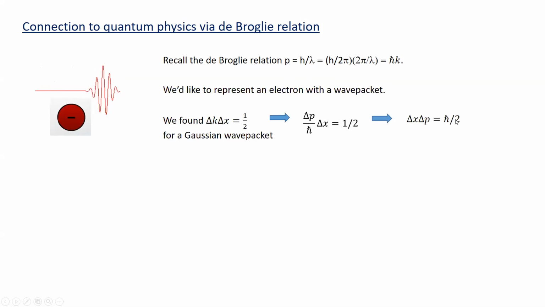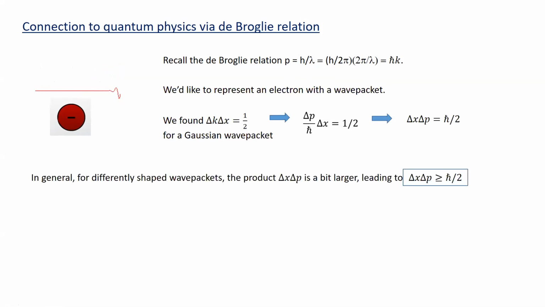Okay, so now the Gaussian wave packet is in some ways an optimal wave packet. It gives the smallest possible value for the product between delta k and delta x. For differently shaped wave packets, like a Lorentzian, we used a Lorentzian earlier, or some kind of double exponential wave packet, the product delta x delta p can be a bit larger.